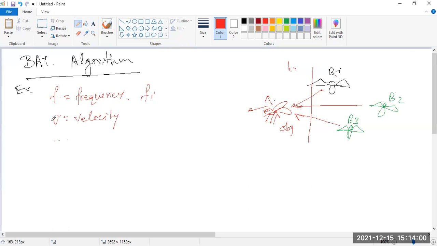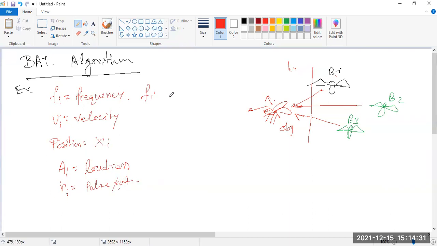First we have the frequency, and then the position, given by xi, velocity vi, frequency fi, and then loudness, ai. Then comes the pulse rate ri, pulse rate or pulse, whatever you like to say.